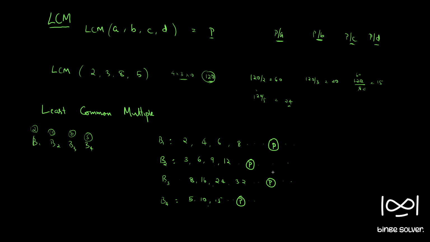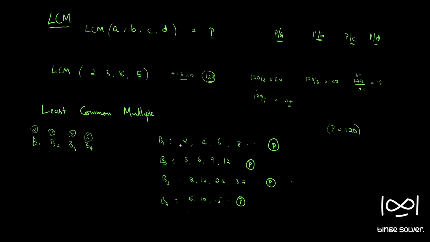So we need to find P. In other words, we are asking for the LCM of 2, 3, 8 and 5. This is where LCM comes into play. As we found, if we find the LCM of 2, 3, 8, 5, we will get 120. So here P becomes 120.